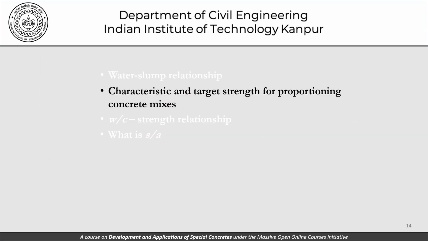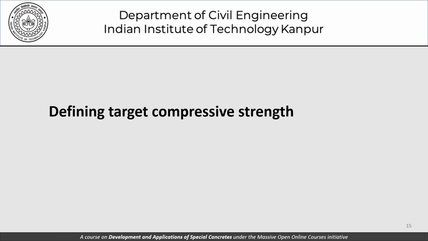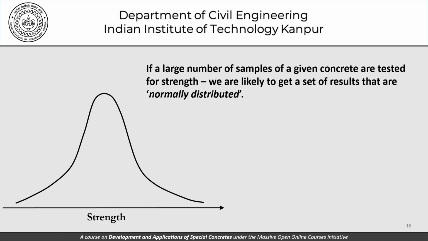Now coming to the second concept that we talked about, characteristic and target strength. What is the definition of a target compressive strength? For that, we must understand that if I have a large mass of concrete and we measure this strength at different locations, regardless of the fact that it is the same concrete, it will not be the same.